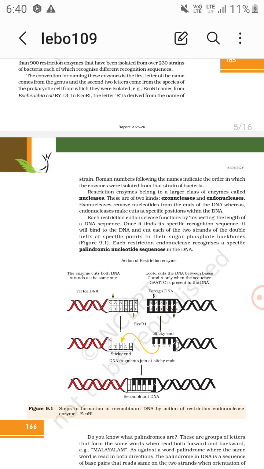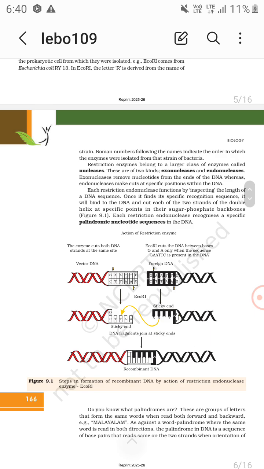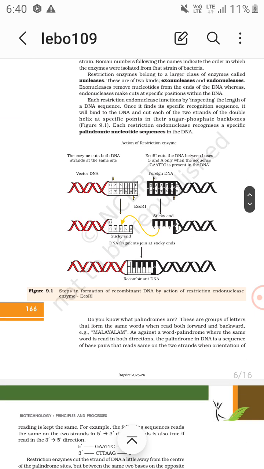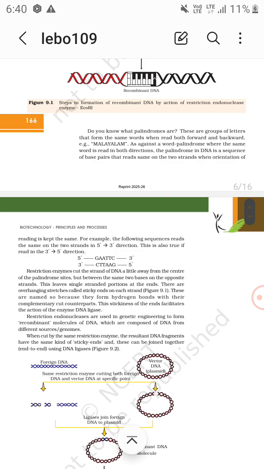They function by inspecting the length of the DNA sequence. Once it finds a specific recognition sequence, it will bind to the DNA and cut each of the two strands of the double helix at specific points in their sugar phosphate backbones. Each restriction endonuclease recognizes a specific palindromic nucleotide sequence in the DNA.